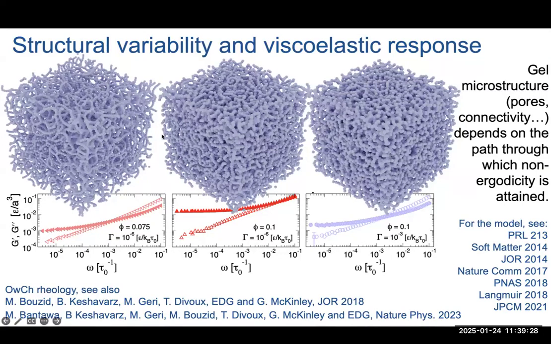But also the structure changes a little bit in the way I described, and the moduli are all over the place. They change by orders of magnitude, not only the moduli, but also the range of frequency over which the moduli change more significantly. So even if I see small changes in the structure, there are dramatic changes in the rheology, which then triggered the type of question that I was asking before.